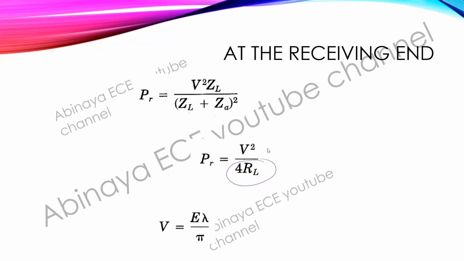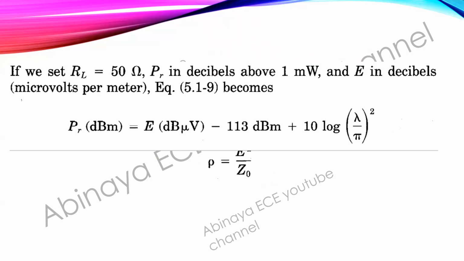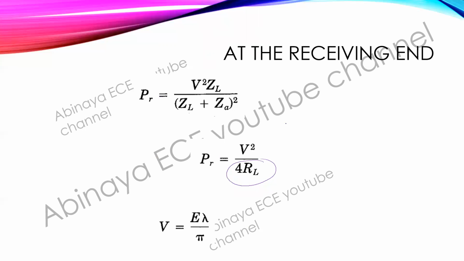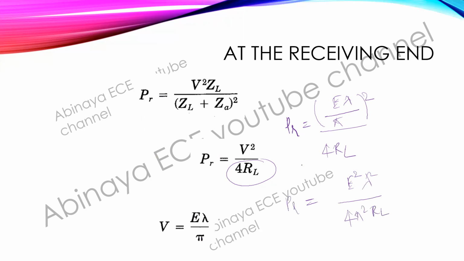Substituting this V value in PR, we get PR equals E lambda by pi, whole square, by 4RL. Then it becomes E square lambda square by 4 pi square RL. So this is the received power at the receiving end.